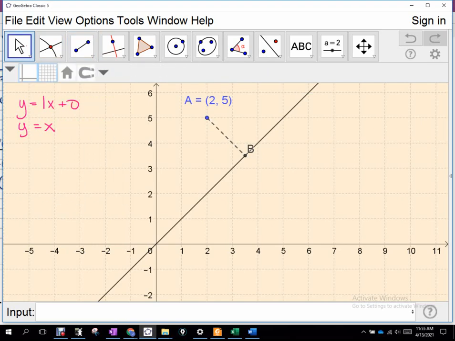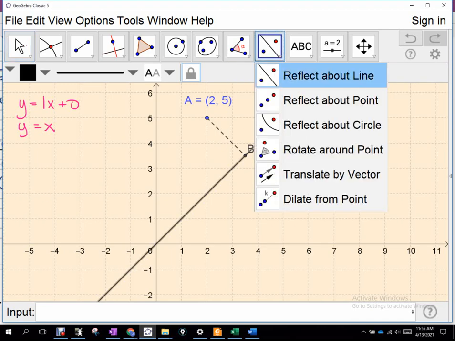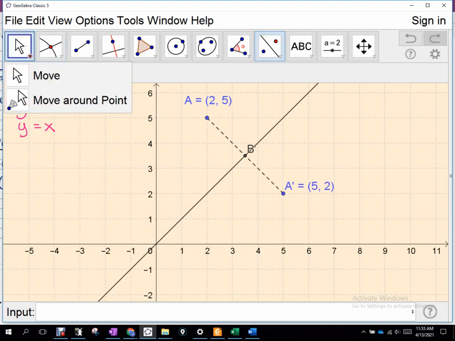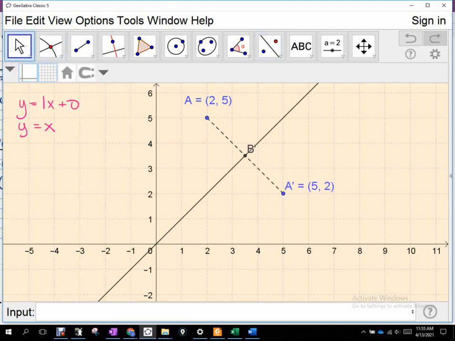If I take that distance and reflect it across that line, it's still going to be perpendicular. Visualize it: if I were to fold on that line, that dotted line is going to go right there, and I'm going to get to the point (5, 2). Does that make sense?